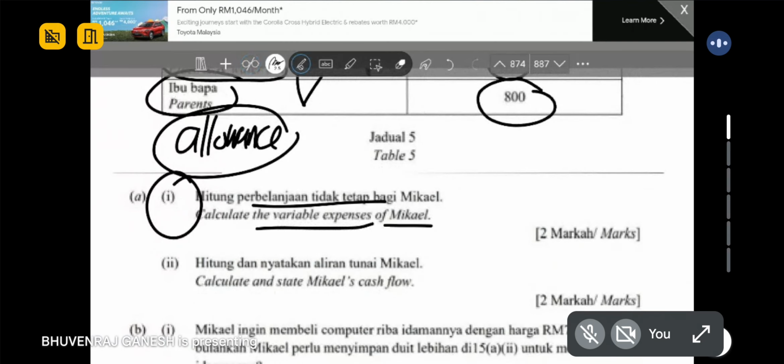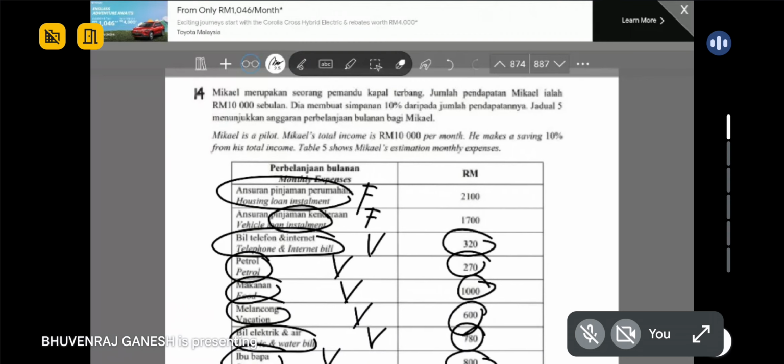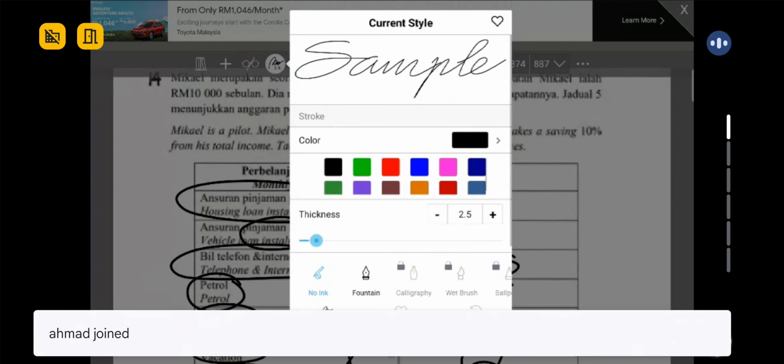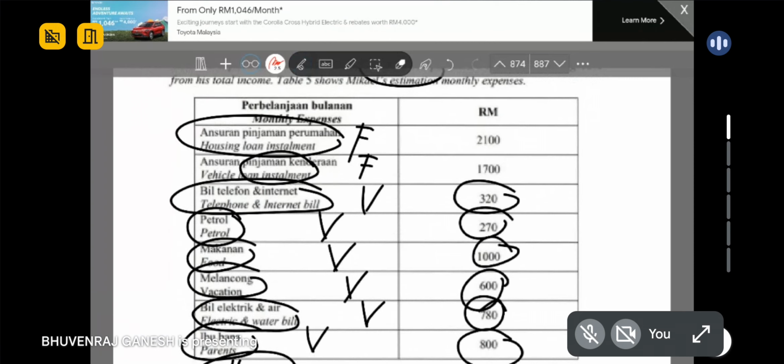Alright. So next one, they ask you to calculate and state Mikhail's cash flow. Nyatakan aliran tunai. So aliran tunai, how to count, guys? Basically you take your total income minus expenses. Ambil pendapatan tolak perbelanjaan. So you guys must minus all of this lah.